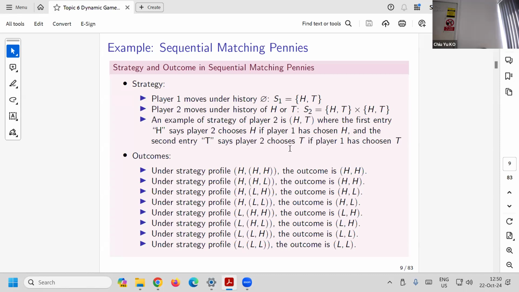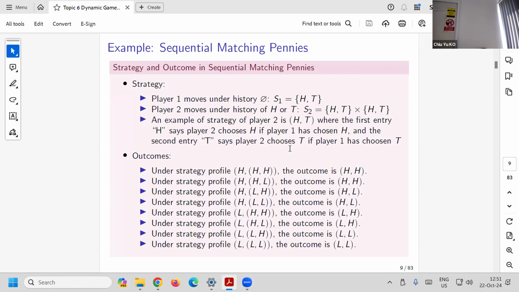And so you can see the outcome is rather complicated, because there will be 4 different choices for player 2 and 2 different choices for player 1. So indeed, these are all the outcomes under the combinations of the strategy profiles. And Nash equilibrium involves checking every strategy: would any player want to deviate? That would be the way to check Nash equilibrium.